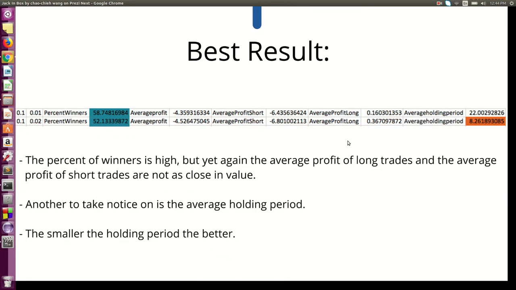The good result is where the percentage winner is high, and the average profit of the long trades and the average profit of all trades are not close in value, but the average holding period is short. That gives us a good result for our patterns.